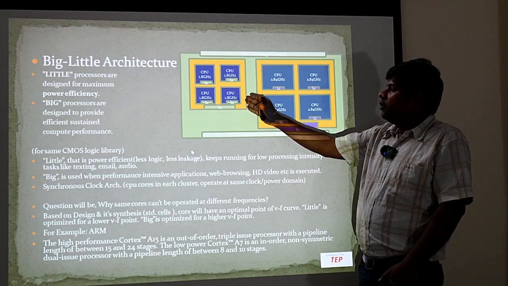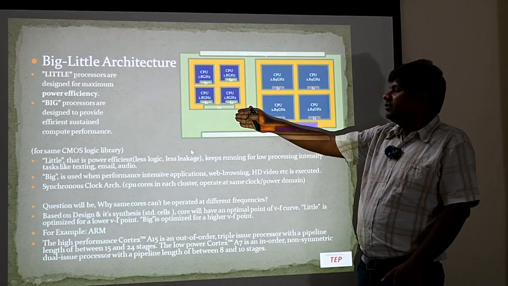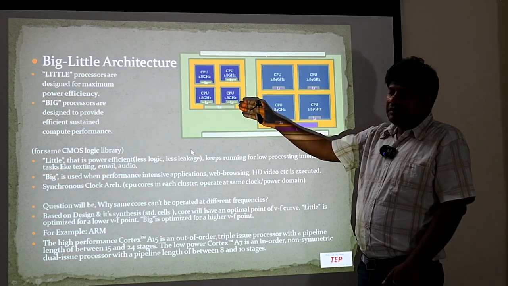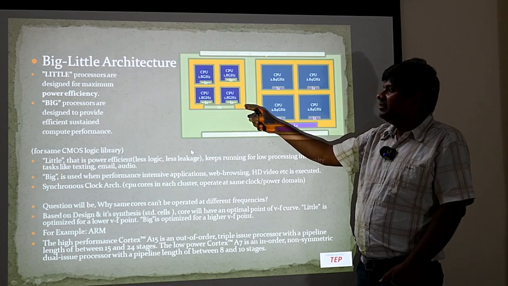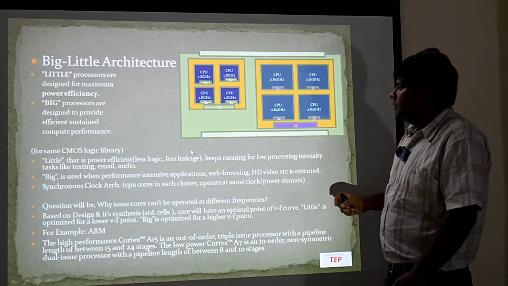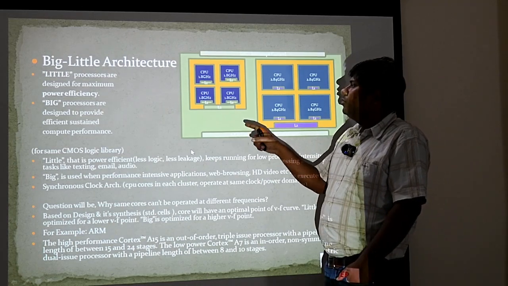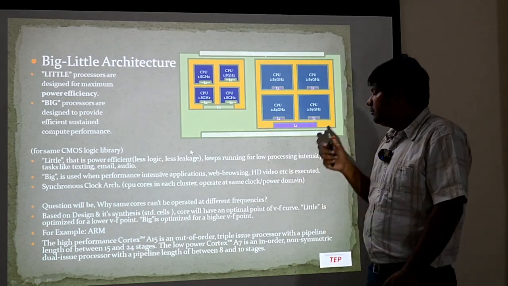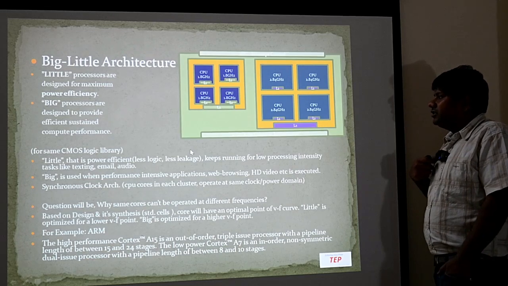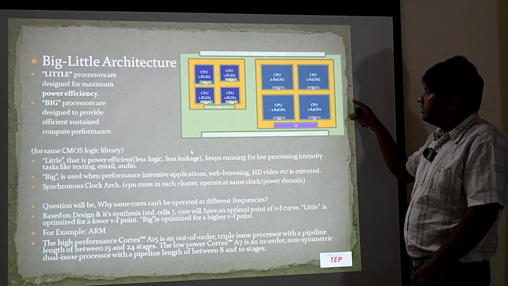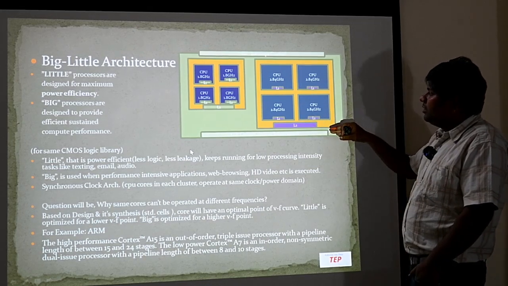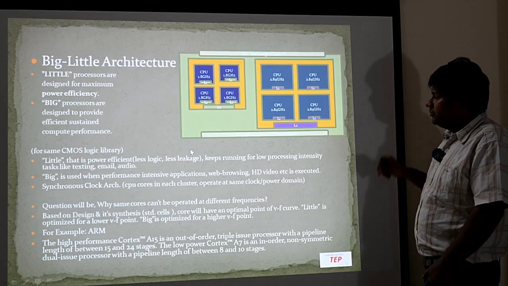One CPU core is optimized for more power efficient operation, which is on most of the time, but its performance is less. It is used for tasks which are not consuming too much CPU power. When there are tasks which actually require CPU throughput and high frequency of operation, there is another cluster which is optimized for the high frequency operation.